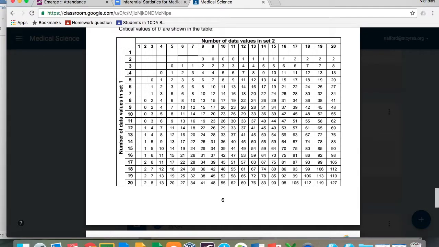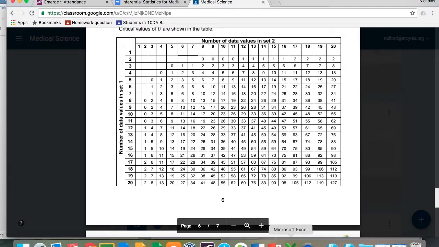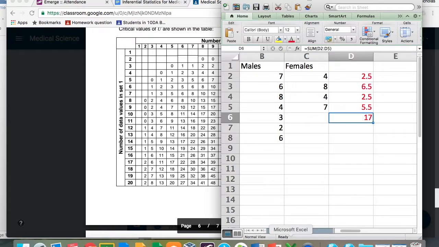If we look at it the other way around, 4 and 7, of course we've got 3 there as well. So going back to the test statistic, for it to be significant in the Mann Whitney it has to be less than the critical value.